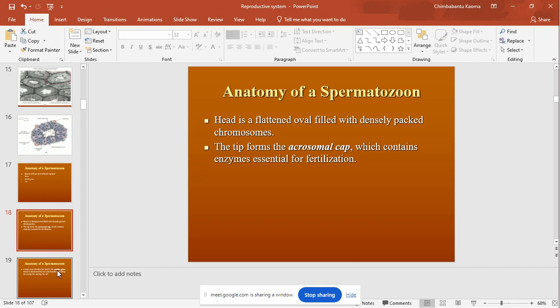It's got a cup, like one of those Nigerian cups, that is referred to as the acrosomal cup. The acrosomal cup is responsible for containing enzymes. These enzymes are important in breaking through the jelly secretion on the ova during fertilization.